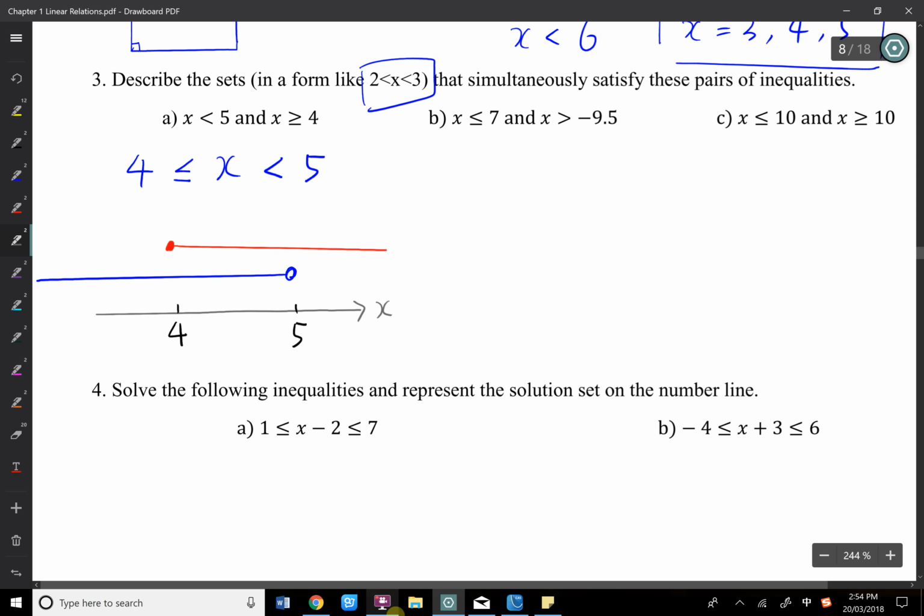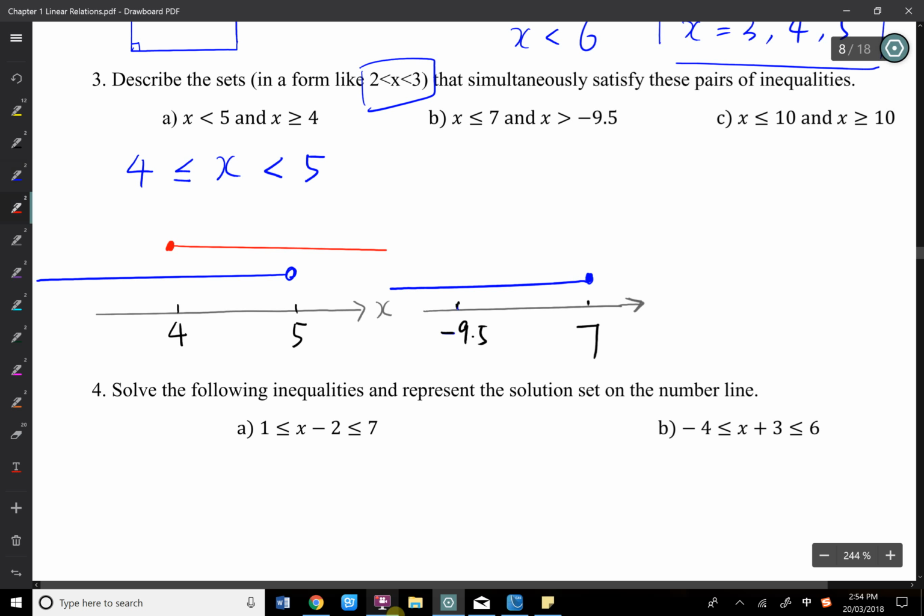Okay, therefore for the next one we have negative 9.5 and a positive 7. First one wants less than or equal to 7, which is all the way here.